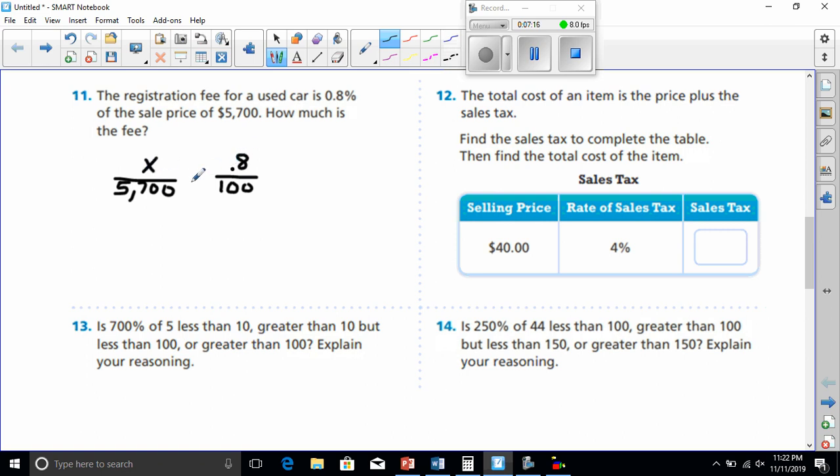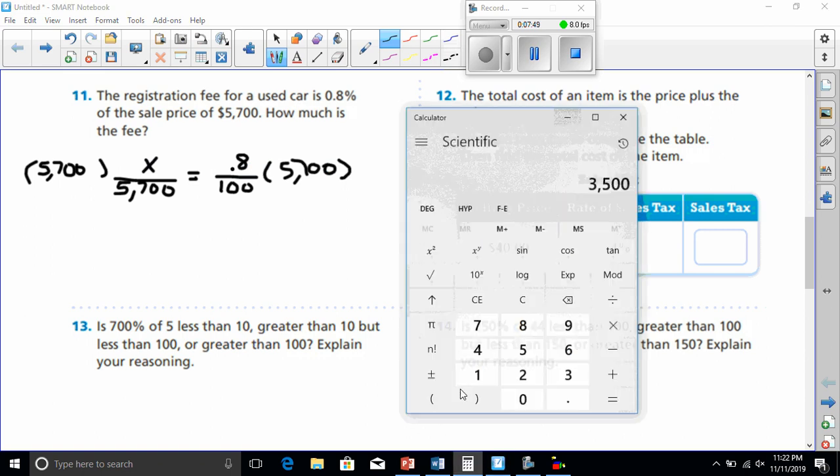To do this, we cross multiply. We could also say that we have to divide to isolate the variable. So whatever I divide by on one side, I multiply on the other. Since we're dividing by 5,700, we're going to multiply to the other. Now we have to take 0.8 and multiply it by 5,700.